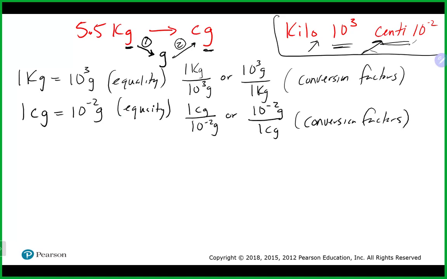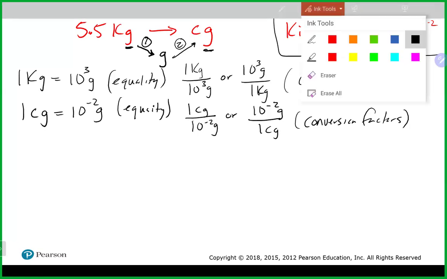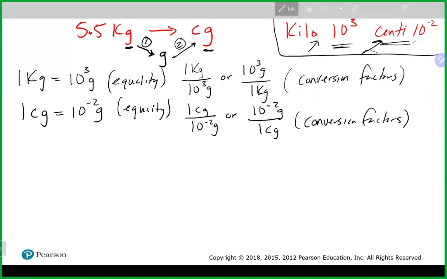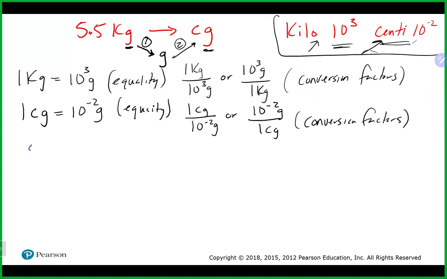No. All right, now that I got everything I need, I just have to do the problem, I suppose. So let us do the problem here, which is we're going to start with what was given to us, which in this case is 5.5 kilograms. And I know I do not want the kilograms anymore. So once again, if it helps you, just put the 1 underneath it to start. And now again, I could clearly see my kilograms are up on top.